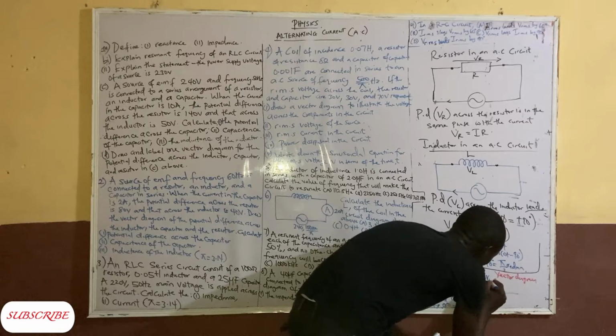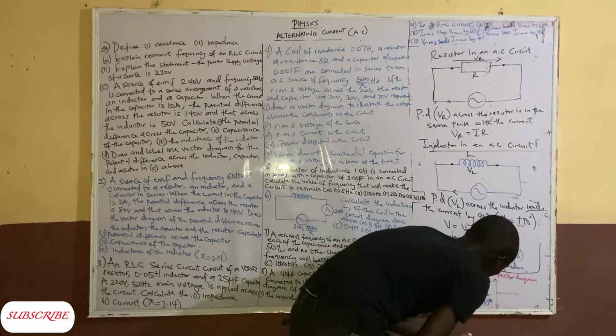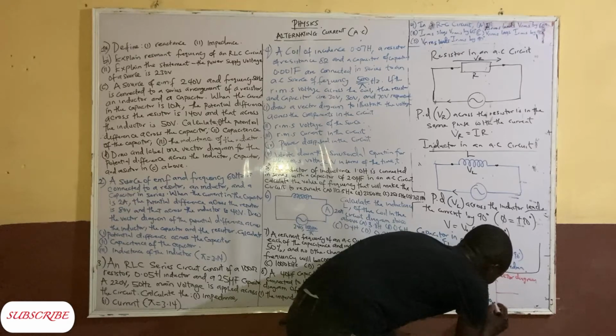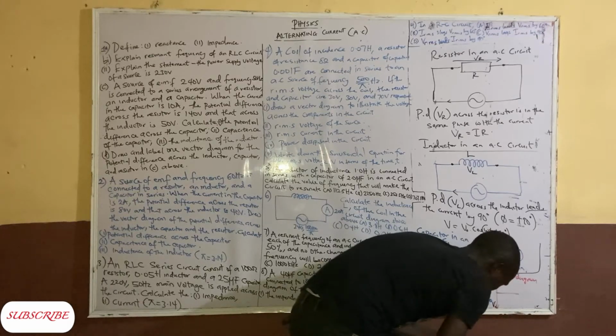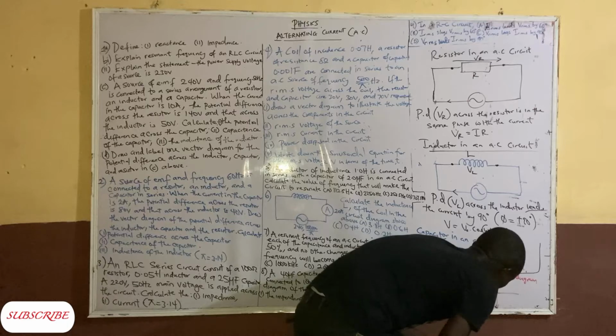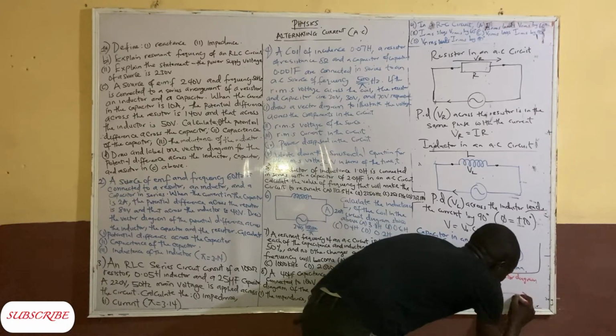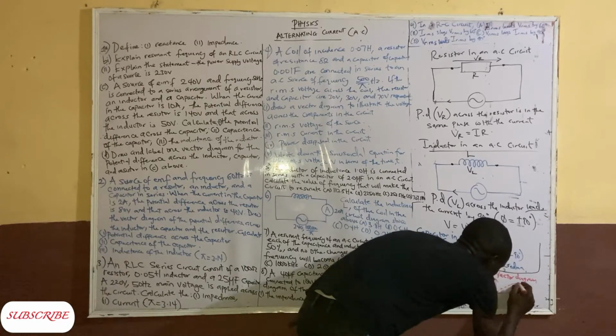Here we have the VL. You have the VC here, and we have the VR here. When you trace it out, I will draw it in another way.